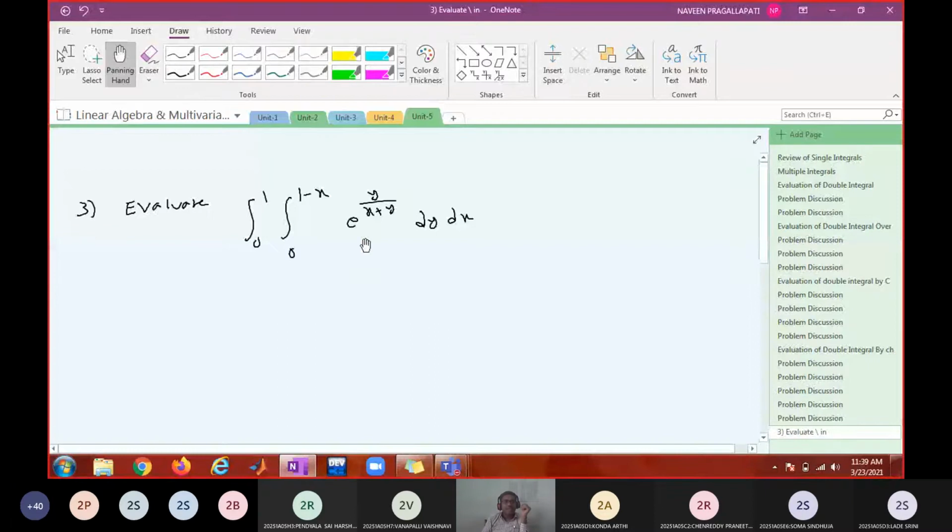So now you know the difficulty, whether it is with respect to dy dx or dx dy. It's not that easy to integrate this in Cartesian. Okay, so can you suggest any substitution for it?